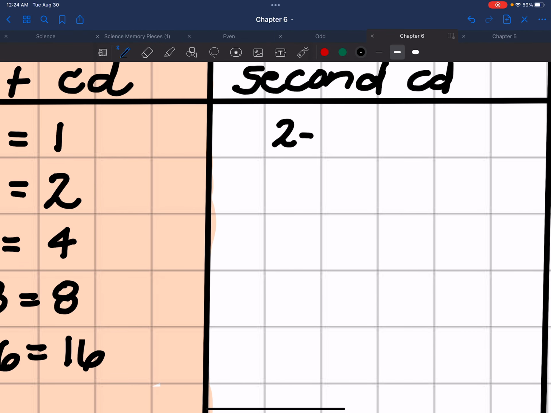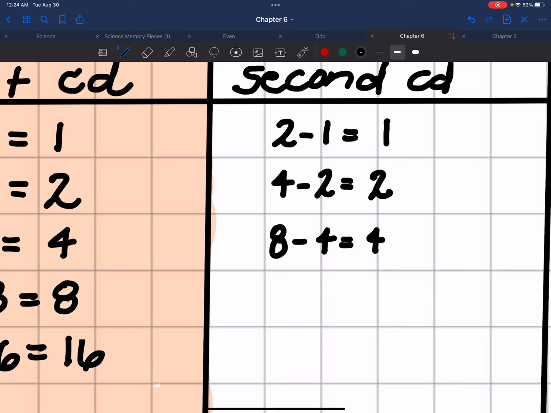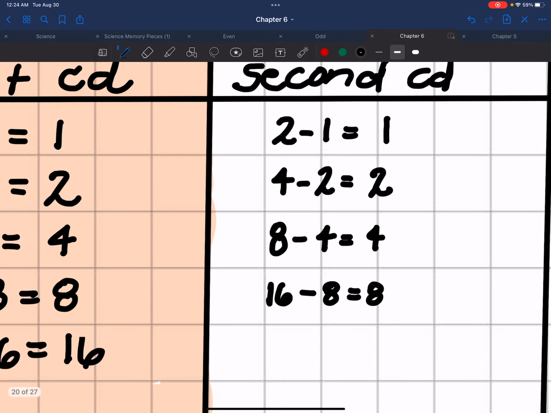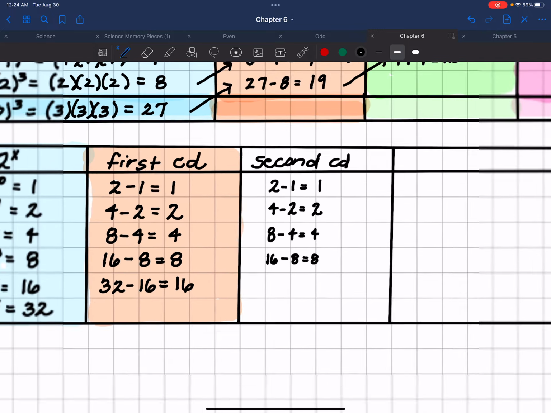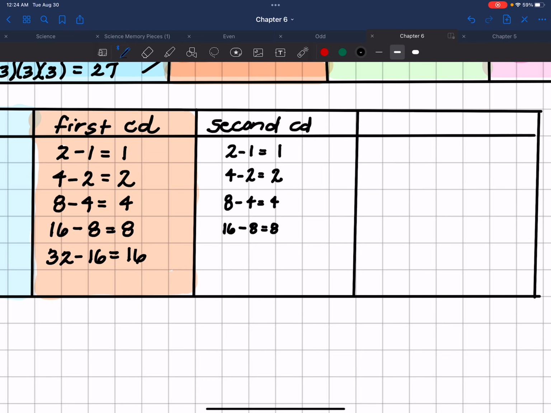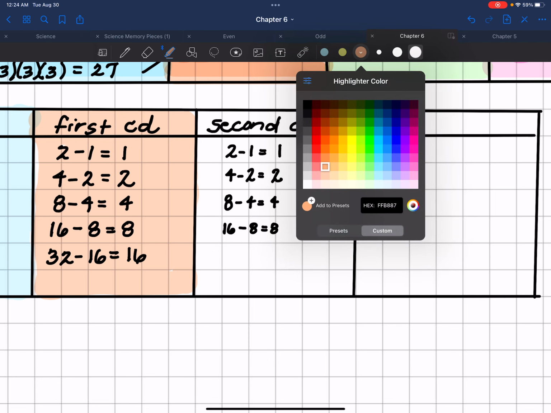So I have 2 minus 1 is 1. 4 minus 2 is 2. 8 minus 4 is 4. And 16 minus 8 is 8. And then I ran out. So the second consecutive differences are not common either. Do you see the pattern?